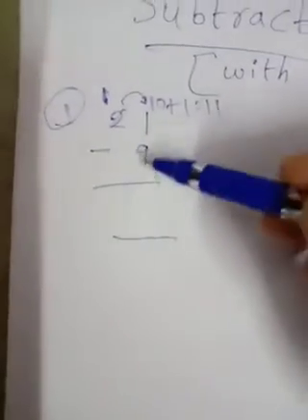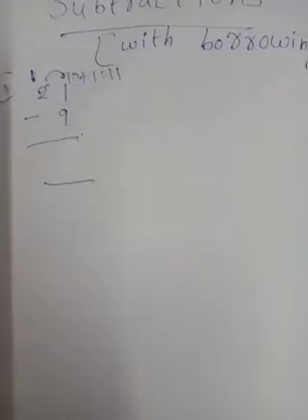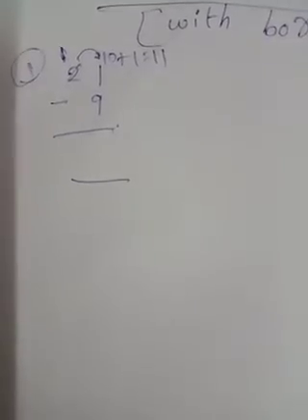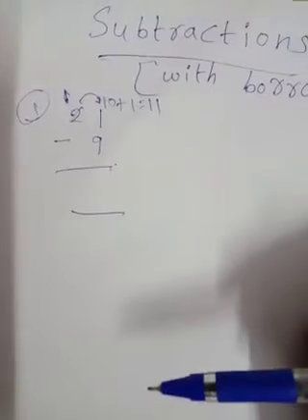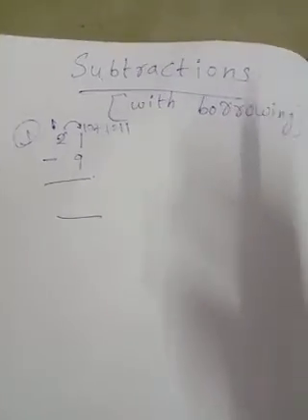Now 11 minus 9. Is subtraction possible now? Yes. Why? The up number is big and the down number is small. 11 minus 9: count the next numbers after 9, children: 10, 11.